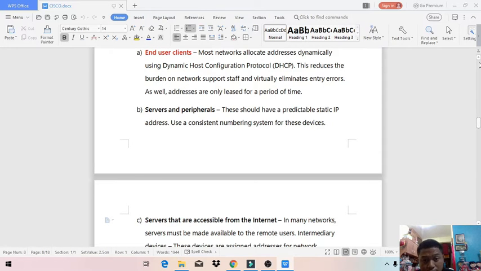End user clients are the ones where most networks allocate addresses dynamically using DHCP. Letter B is that they should have a predictable static IP address, using a consistent numbering system for these devices. The answer is letter A.